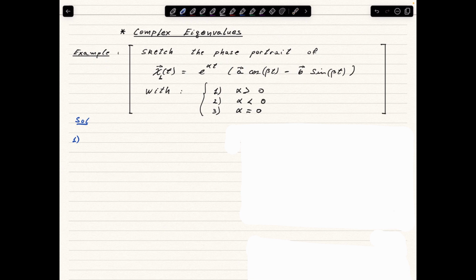So before doing the phase portrait, draw the vector A and the vector B, and also draw, because we are going to need it, the negative of the vector A and the negative of the vector B. After that, these 4 vectors determine an ellipse on the phase space. Draw that ellipse.